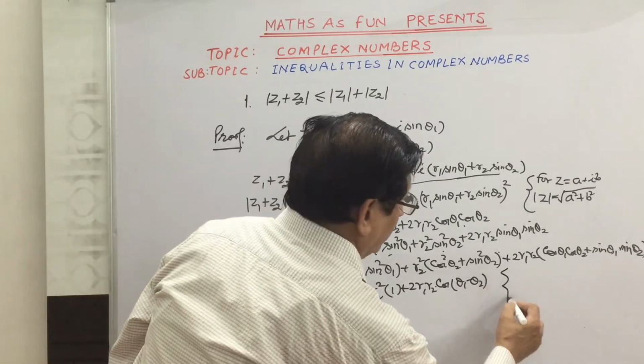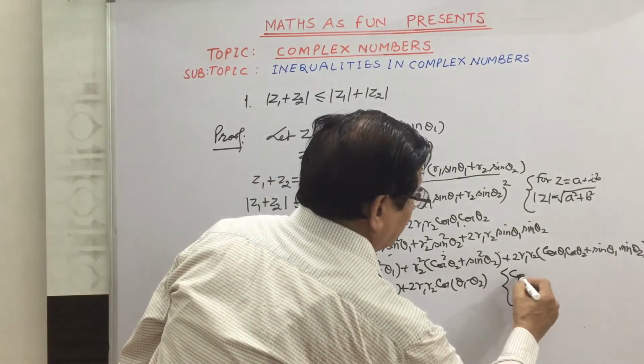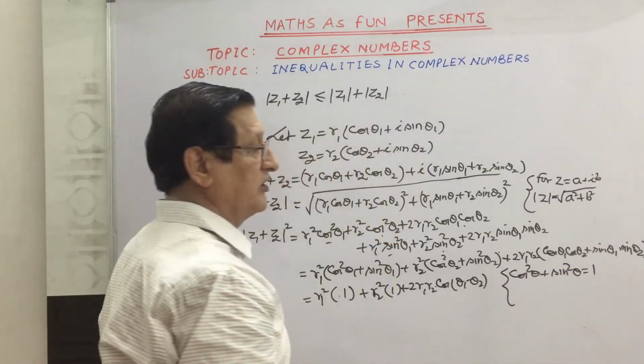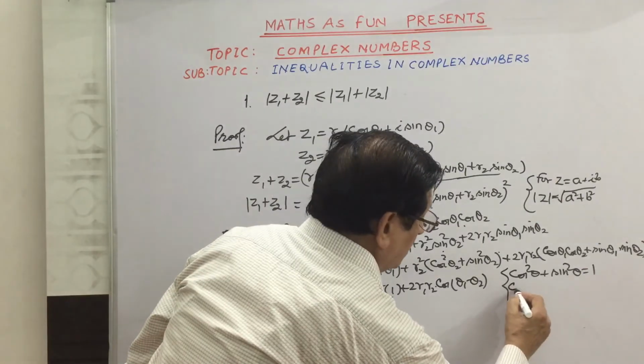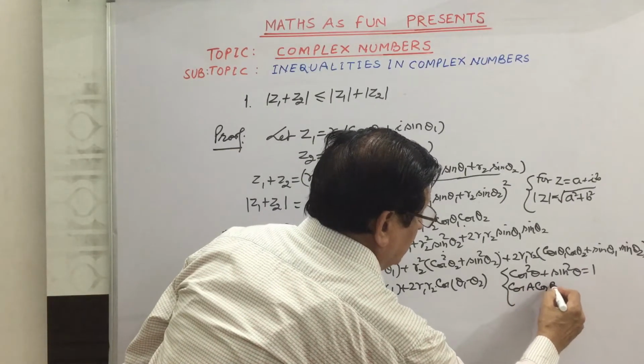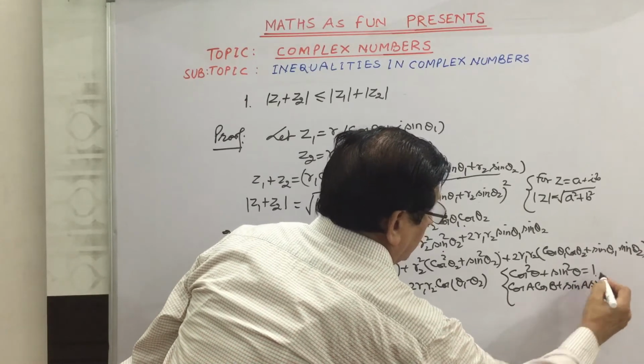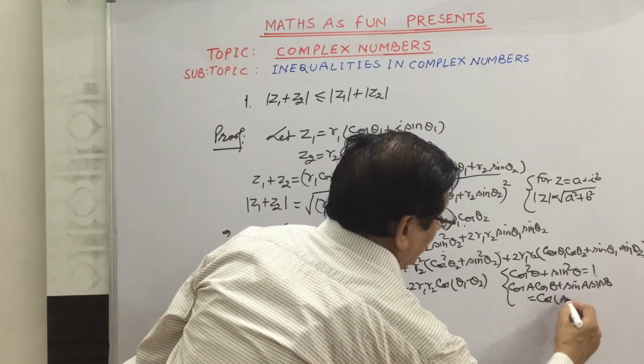We have applied here the identity cos square θ + sin square θ equal to 1 for any θ. And also we know that cos A cos B + sin A sin B is equal to cos(A − B).